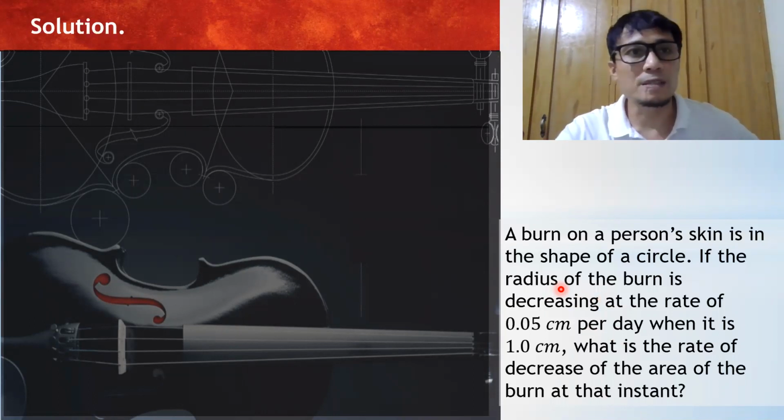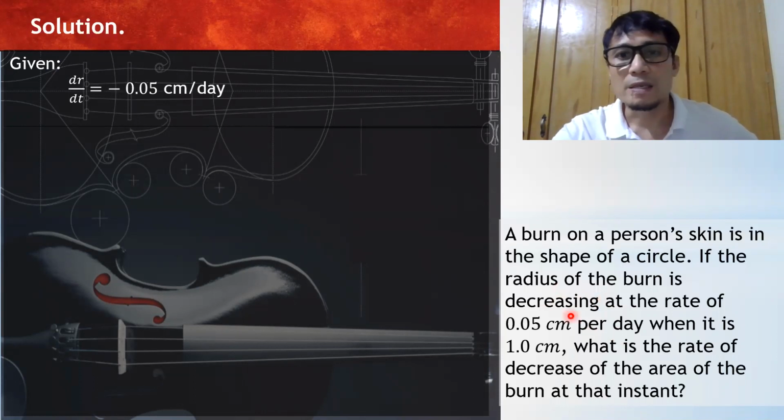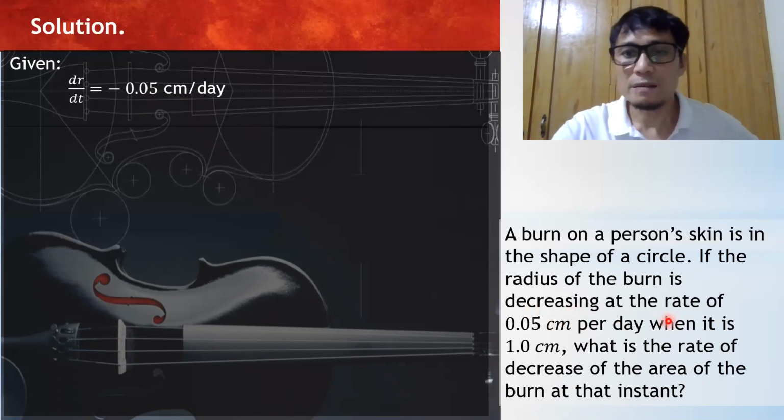So for our first given value, we have dr dt equals, now we use negative because the rate is decreasing. That's why we have negative 0.05 centimeters per day.